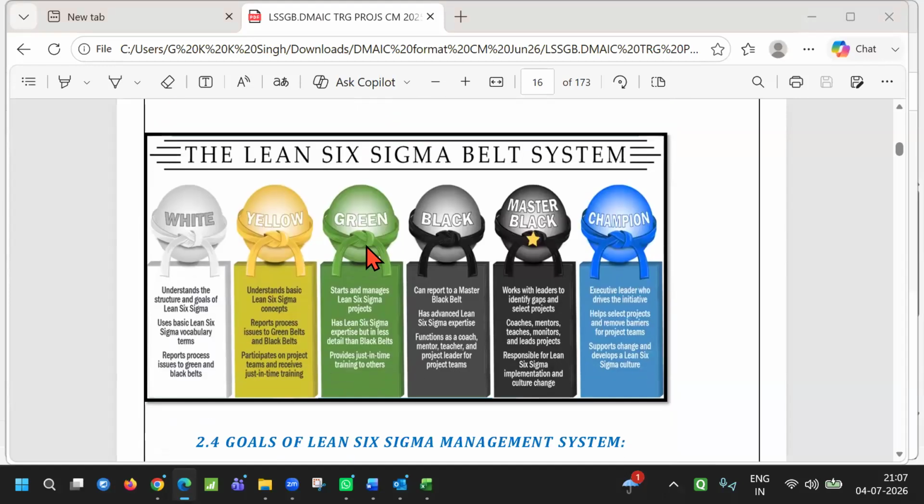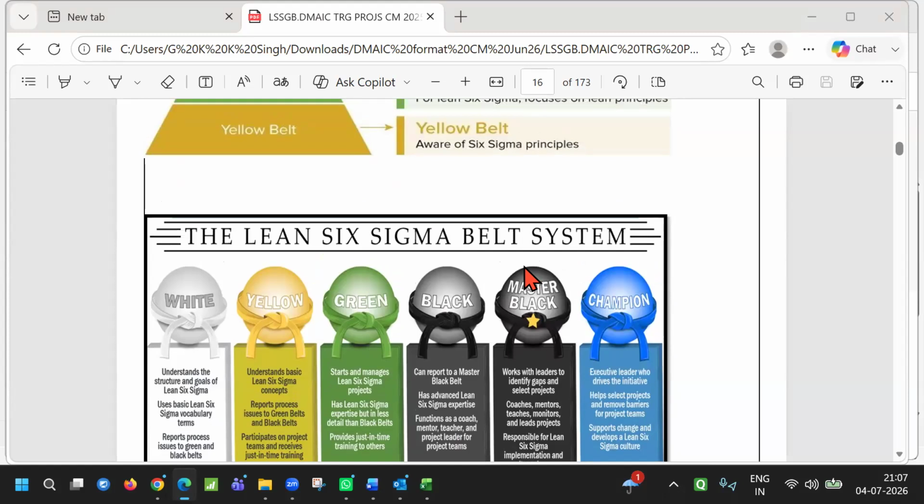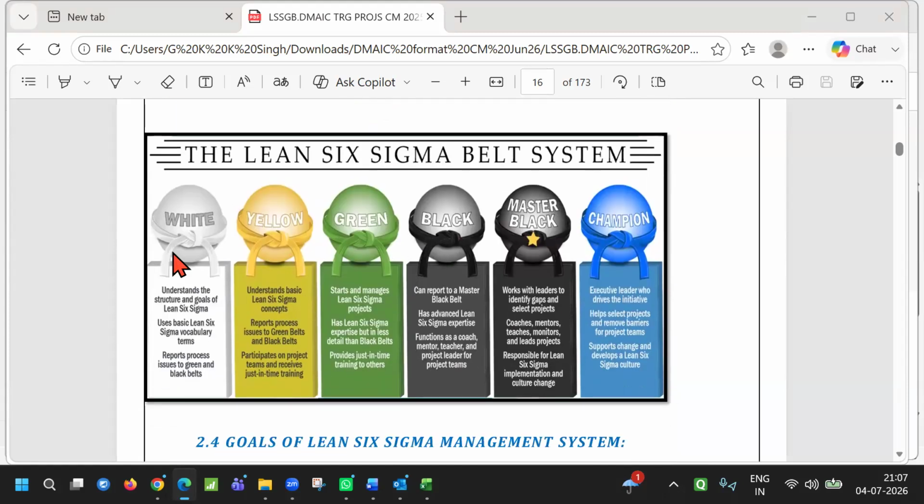So here you will see the roles of the belts. As I told you, the projects are normally led by the black belt and supported with the cross-functional team of the green belt, or it could be a green belt leader supported with a cross-functional team of green belts and yellow belts, and the champion, who is the process owner, is the overall leader.